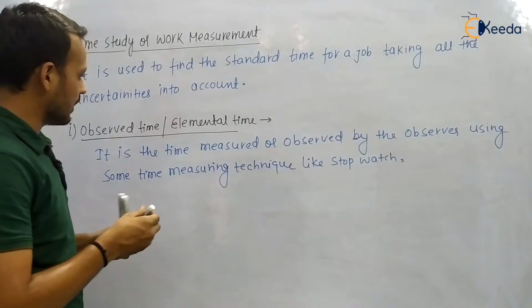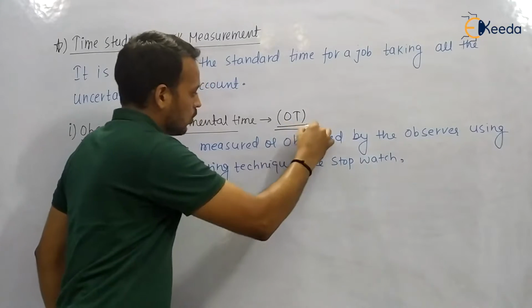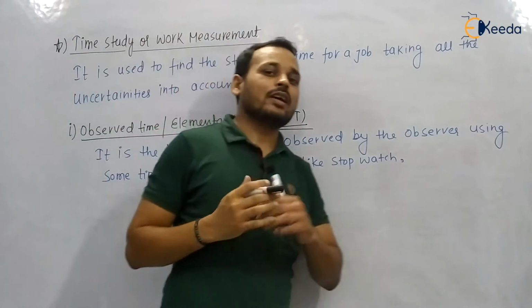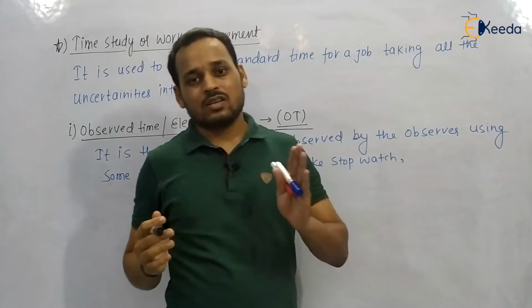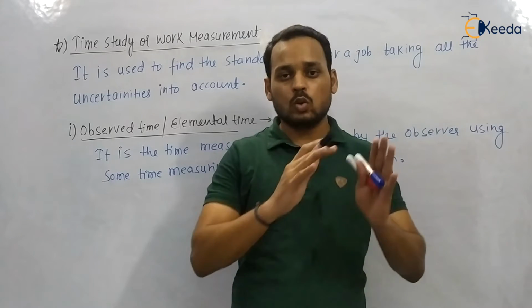In short, it is also known as OT. Observed time is OT. The observers are assigned so that they can observe the worker using the stopwatch technique, to see how much time he is going to take.